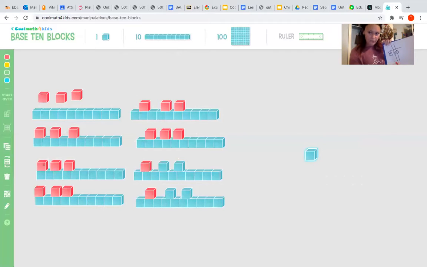We do know, however, that 8 can go into 10, but only 1 time. So 8 times 1 is 8, so we're going to put the 1 in the 10 spot, and we're going to write a subtraction sign, and we are going to put the 8 again in the 10 spot and draw our line. 10 minus 8, we know, is 2.